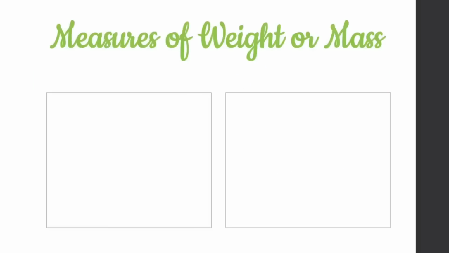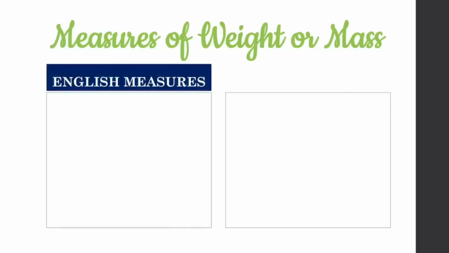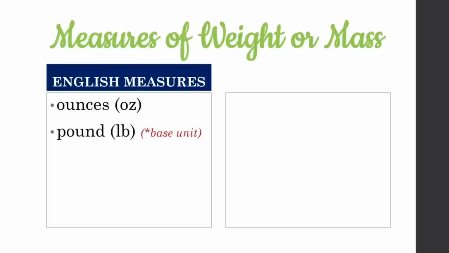Here are some of the common units that we use in measuring weight or mass. For the English measures, we use ounces, pound, which is the base unit, ton, and metric ton.